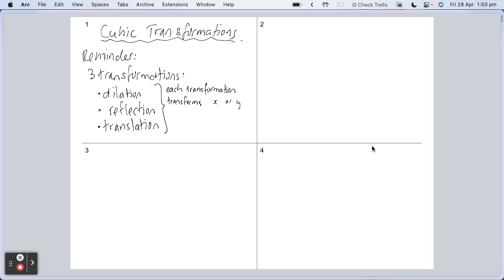A reflection changes it from positive to negative or from negative to positive. A translation moves the coordinate either up, down, left, or right by a certain number of units. I'm hoping this is just reminder stuff for you. So each transformation transforms x or y.